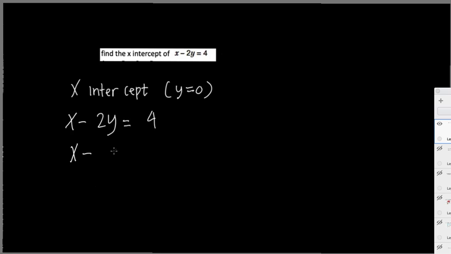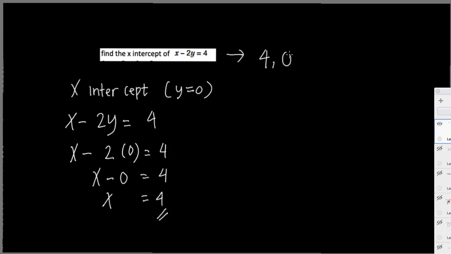This is x minus 2 times 0 equals 4. x minus 0 equals 4, x equals 4. So for the x-intercept, the coordinate is (4, 0).